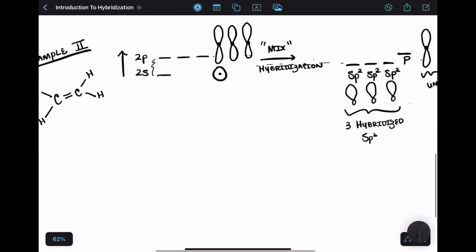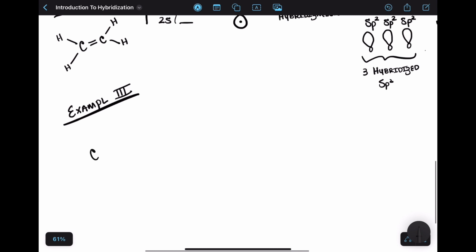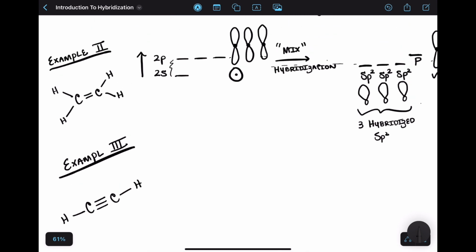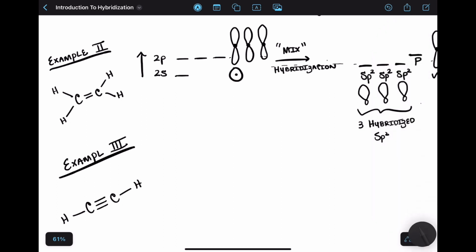There is a third and final way we can hybridize these orbitals, and so we'll do C2H2. And so again, we take our pre-existing model that does not apply for that.